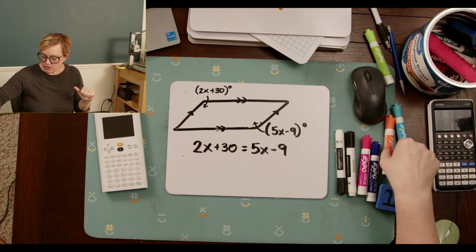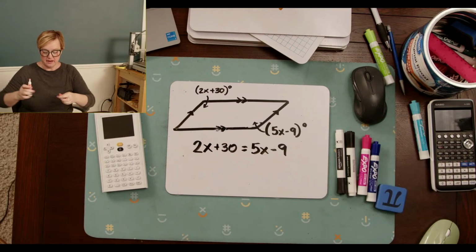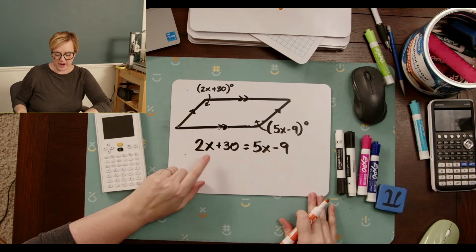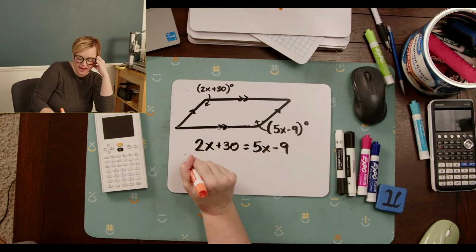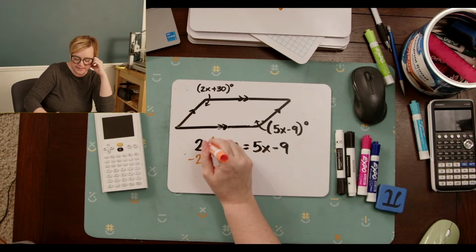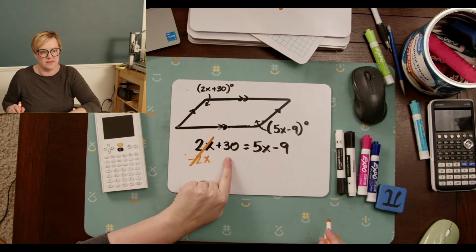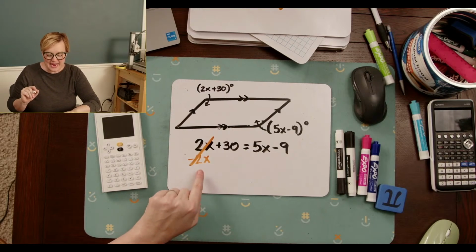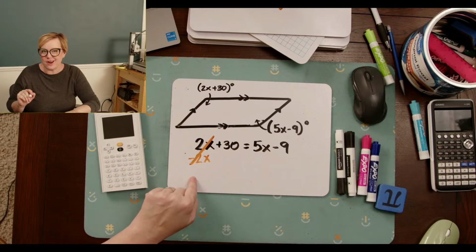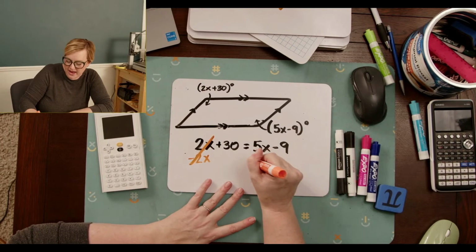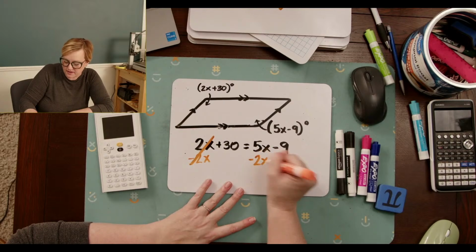So in order to make that happen, I want to get rid of the 2x on this side. So I'm just going to take away the 2x. If I take away the 2x, that goes away, so now I just have 30 on this side. But I can't just take away 2x and say it's still the same thing. I've got to also take away 2x on this side, right?